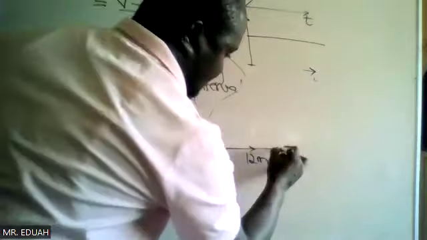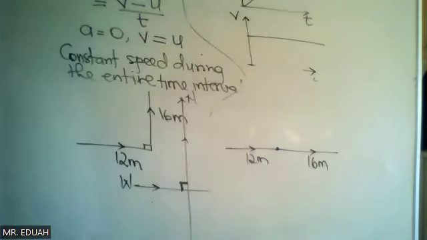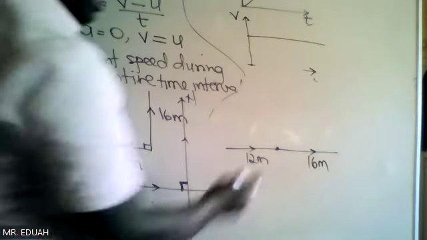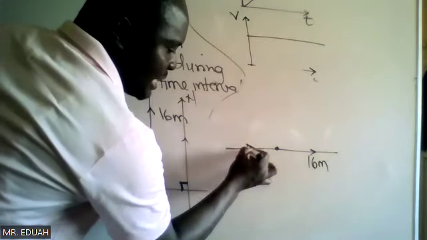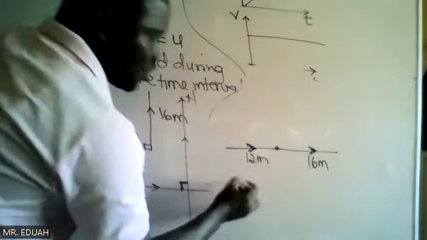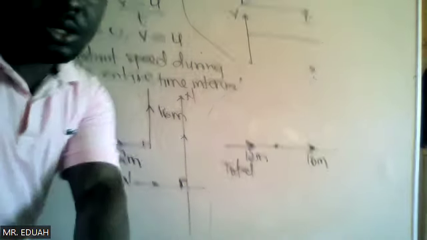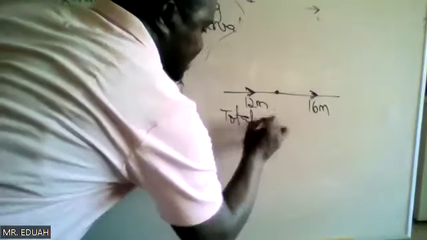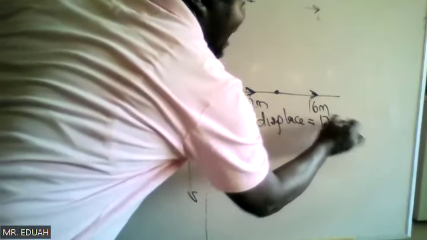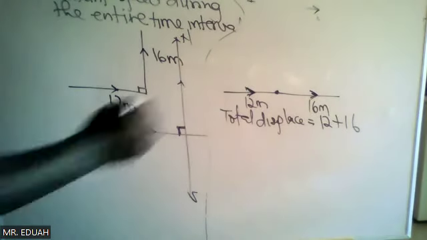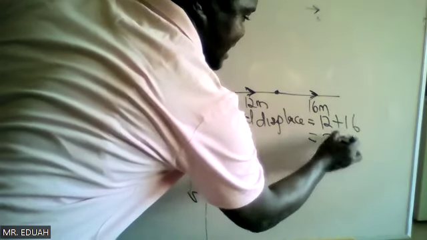So the resultant or total displacement here would have been 12 plus 16, giving us 28 meters.